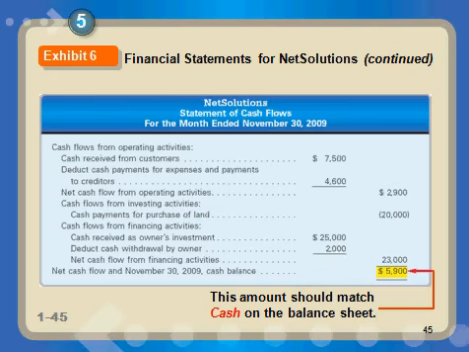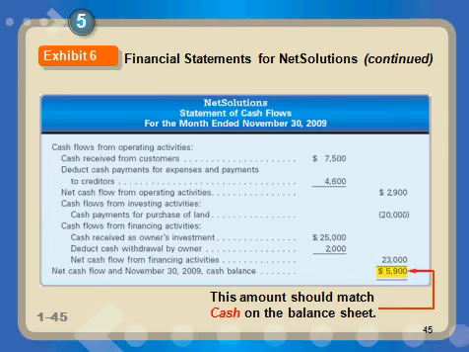The statement of cash flows consists of 3 sections. The first one is cash from operating activities, and that's the cash flow from our receipts and cash payments for operations. And then we have cash from investing activities, and that would be where we either buy or sell relatively permanent assets.